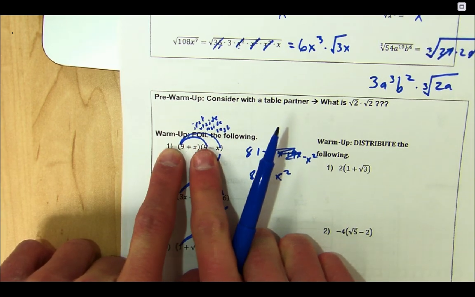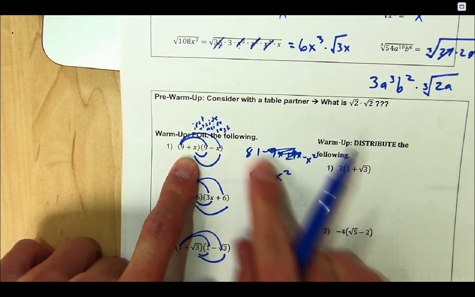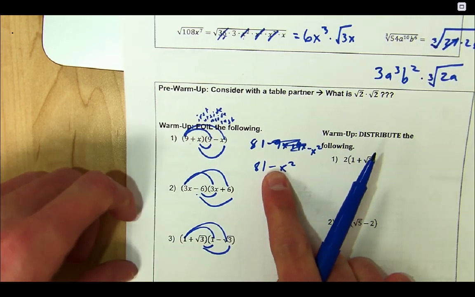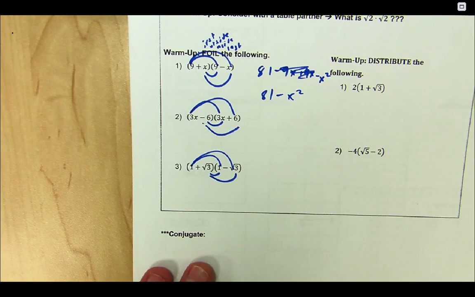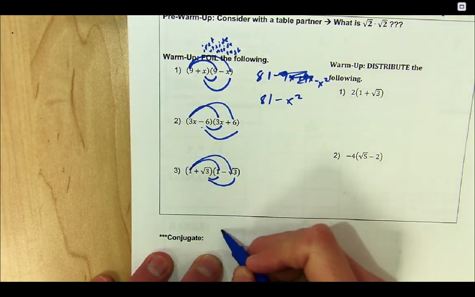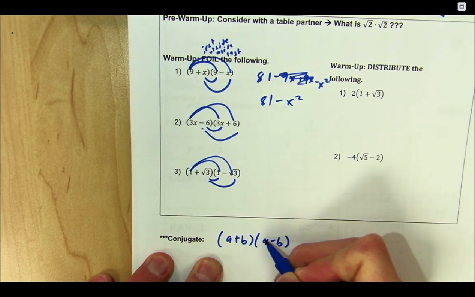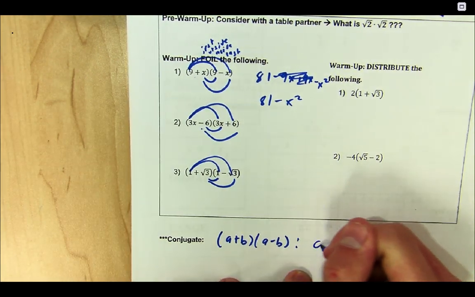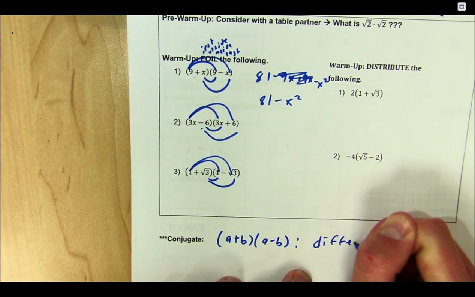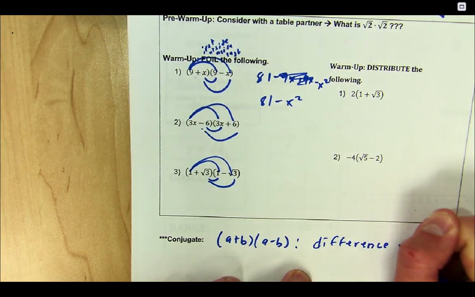Okay, so this term gets squared, this term gets squared, connected with a subtraction sign. And what that is, if you remember, is what we called difference of squares.